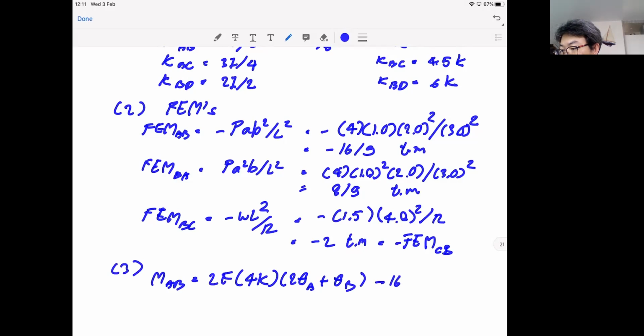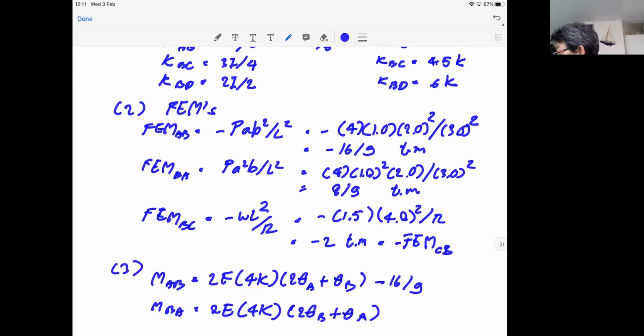That is minus 16/9. And then MBA is 2EK over 4, 2 zeta B plus zeta A, plus 8/9.